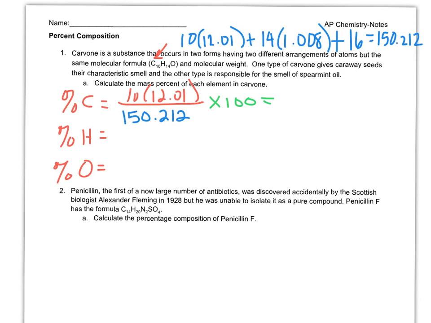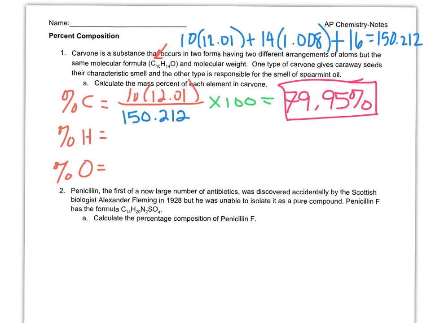So I get 79.95%. I like that pink too. Okay, so that's how simple it is. Let's do hydrogen together and oxygen together, and then you'll do number 2 on your own, and I'll just give you the answers to those.